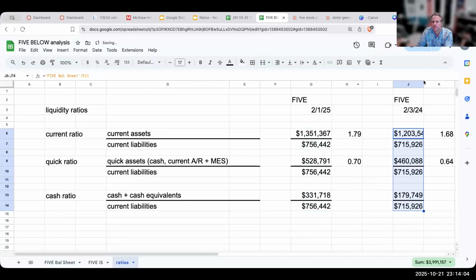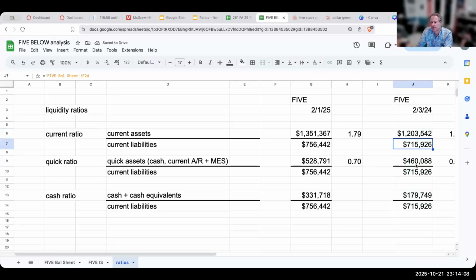If you notice, I'm trying to interlink these, so if you click on each one of these, you can see where the numbers are coming from. So the cash ratio for this company, let's just copy this ratio down.